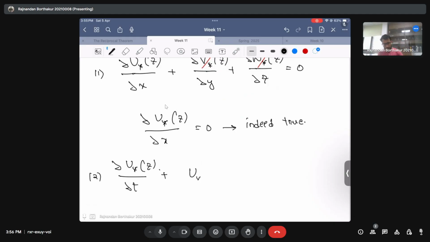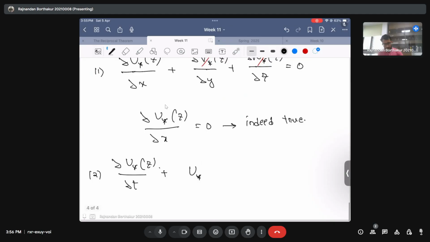So we have u star, which is a function of z, times del u star z by del x, and this is equal to minus 1 upon rho del p star by del x.